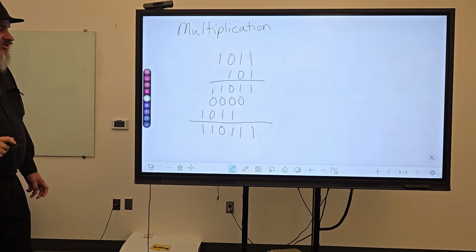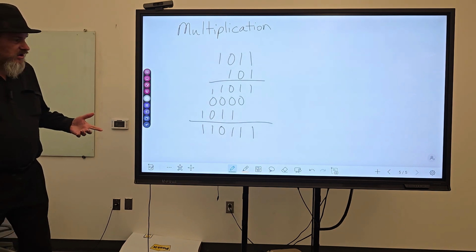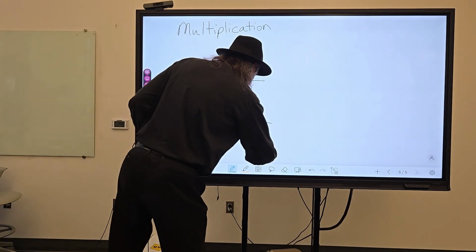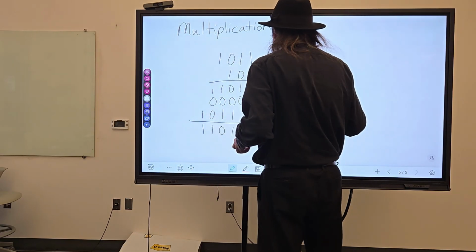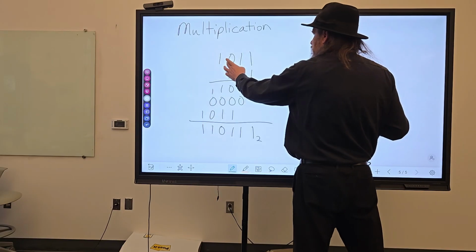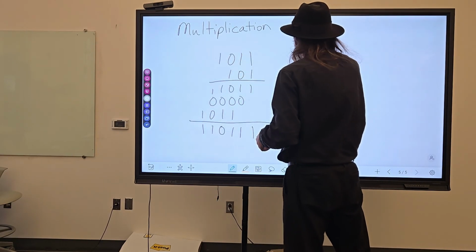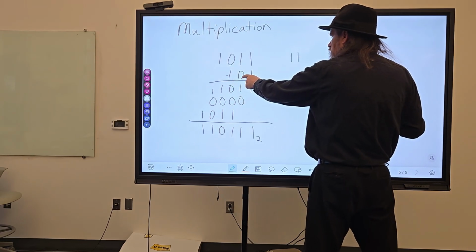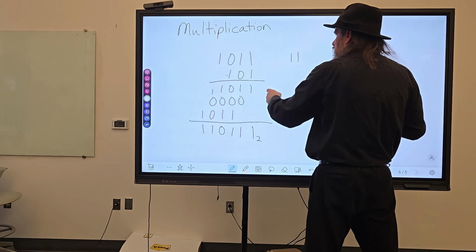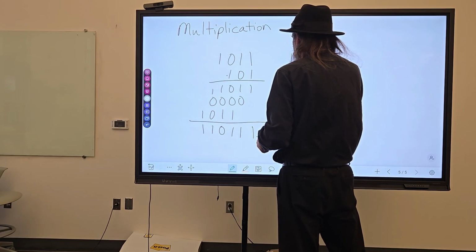Now let's see if this is right in decimal. So 1011 is 8 plus 2 plus 1 is 11. 8 plus 0 plus 1 is 9, right?